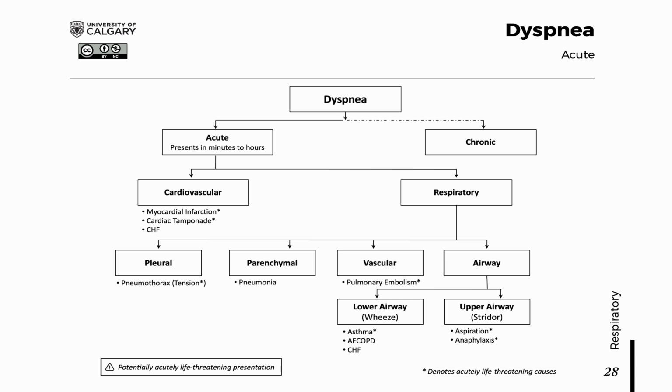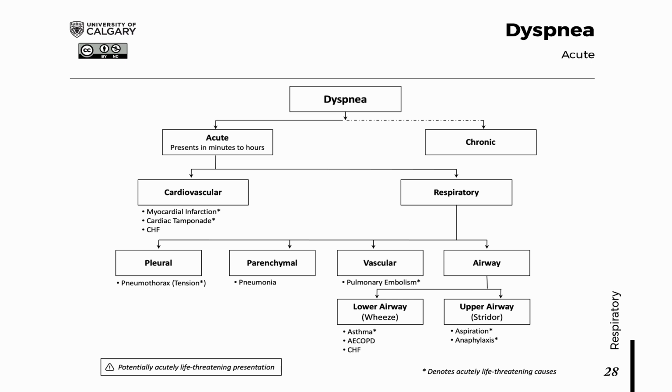So we're really going to focus on asthma and exacerbations of COPD, but we also should be thinking about foreign body aspiration and anaphylaxis. We're not going to be talking about those. Those are generally kind of self-evident, and we've covered those pretty well in other lectures, courses.